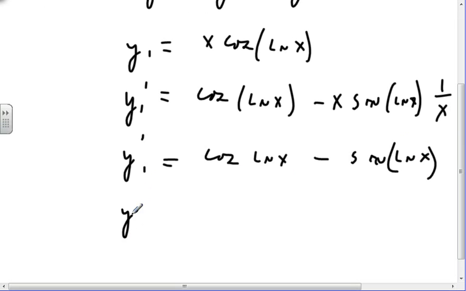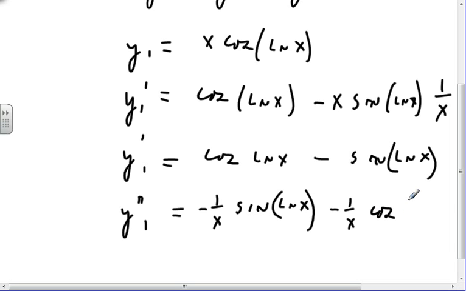All right, so y1 double prime is going to be minus 1 over x sine natural log of x minus 1 over x cosine natural log of x.